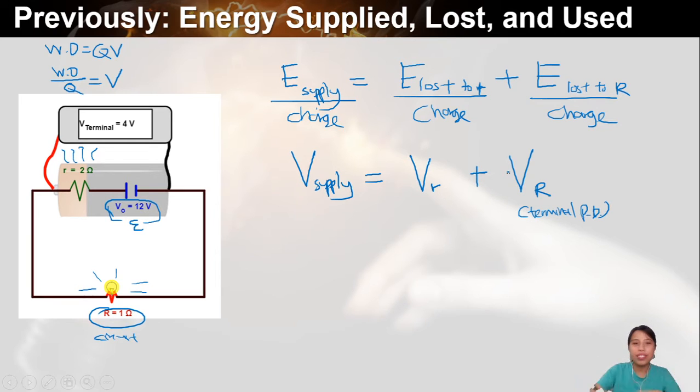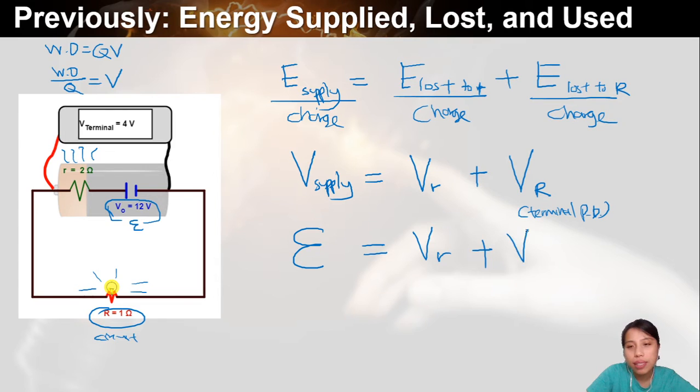It's just the previous video. So you recognize this in the form of EMF equals the lost volts plus terminal PD, or the circuit resistance, the load of whatever is there, all add up together can be called V_R or terminal PD. So this is how we come up with this idea.